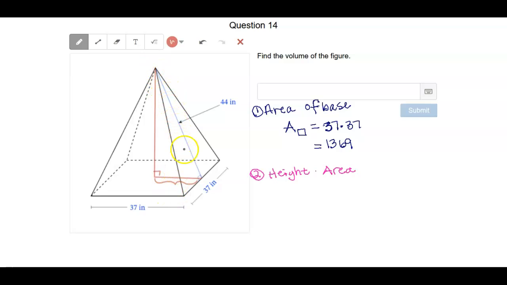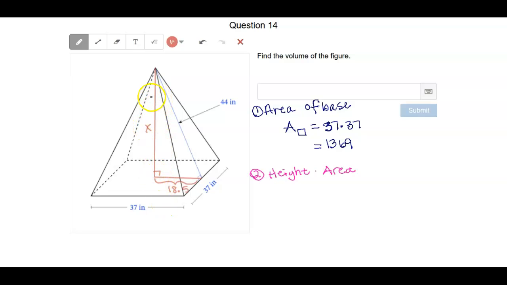I know that this is the hypotenuse because it's across from the 90-degree angle. I also know that this has to be half of 37 because this height is going to go directly down to the center of that base. So this would be 18.5.